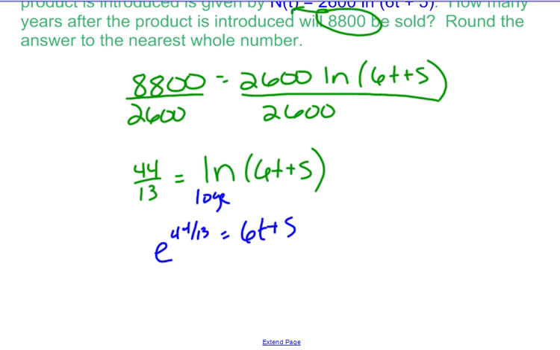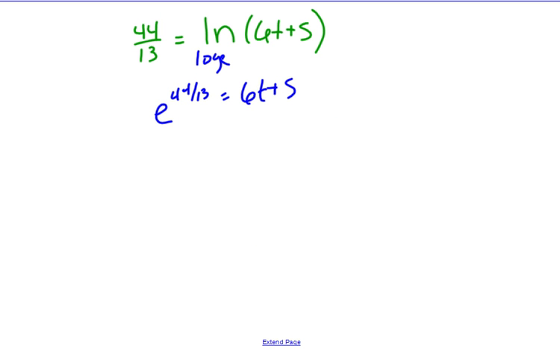So as I continue to solve this, I can find e to the 44/13. So I'm going to plug that in my calculator, second natural log, and then I'll go 44 divided by 13, and I got 29.5066 is approximately 6t plus 5. So now I'm just solving this for t.